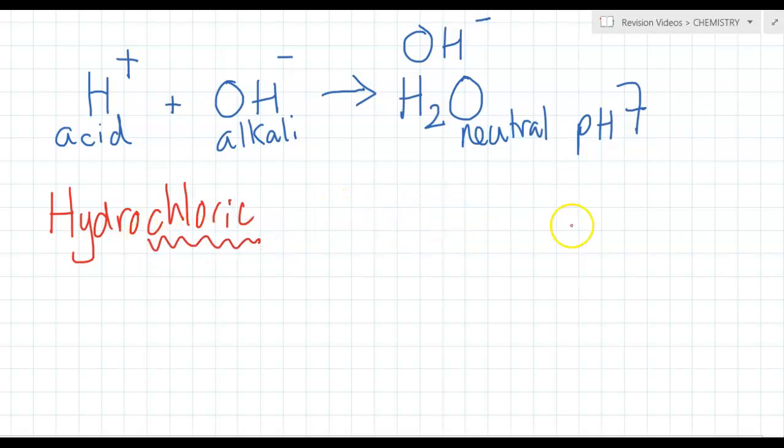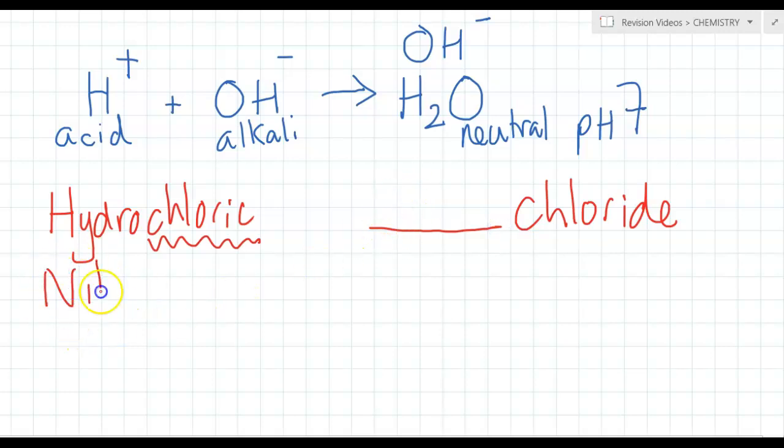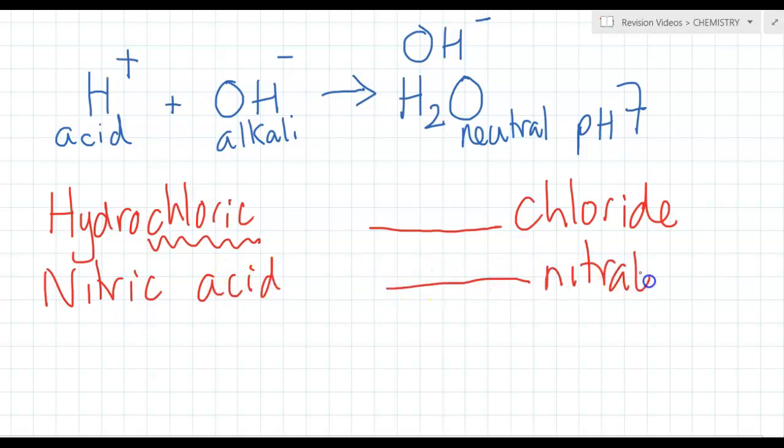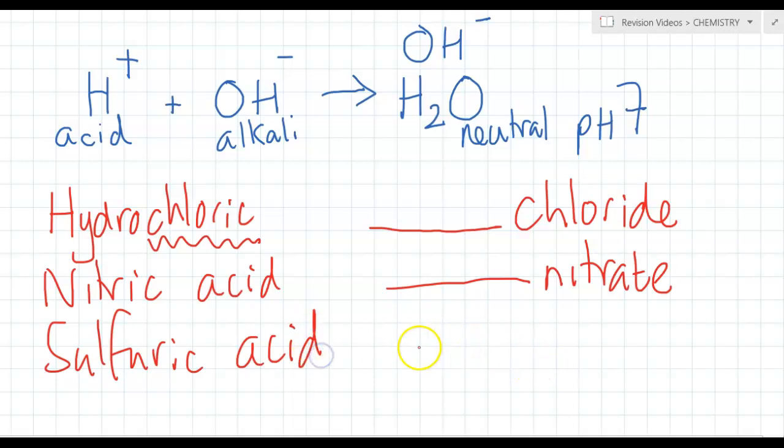So the salts are going to be chlorides, something chloride, and this will be a metal. If we neutralize nitric acid, we will make something nitrate. And if we neutralize sulfuric acid, the salt will have the name of something sulfate.